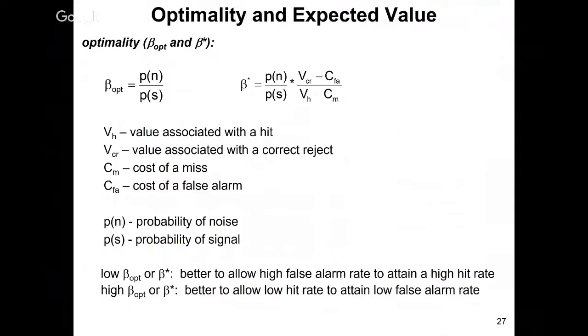Or just think of it. So let's suppose, let's think of cancer. What is the value of a correct reject related to a false alarm? Which would the cost of a false alarm be more than the value of a correct reject?